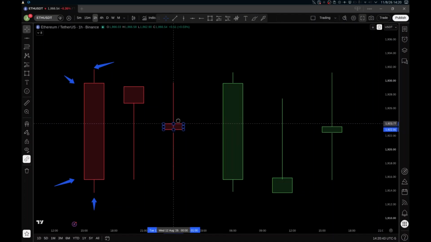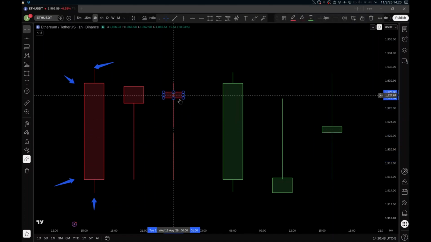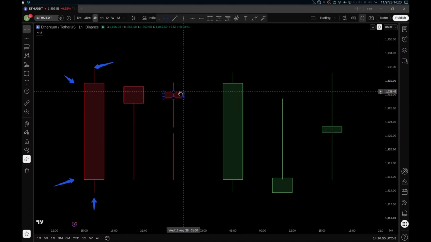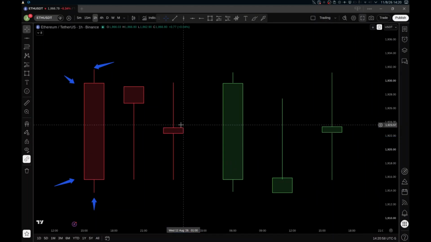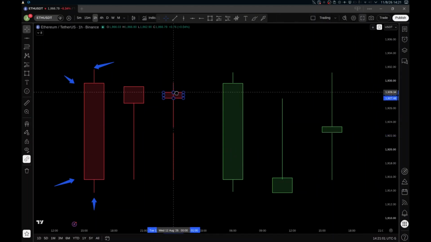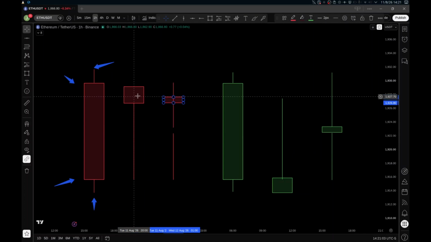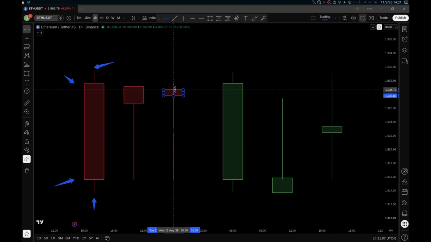Dojis can look like this, or like here, or like that. If the doji looks like this, it's quite similar to this one, so it's kind of bullish. If the doji looks like this, it's a little bit bearish, and like this is more indecision, but in all cases a doji should be indecision because the body of a doji should be really small to consider it a doji.